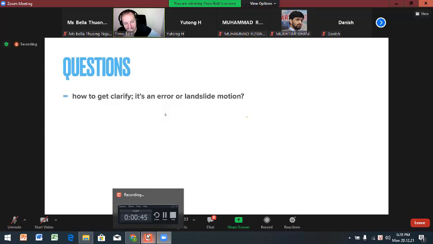So let's assume you have a signal. Now the atmospheric signal is rather long, so you're going to have slow changes over the image, while a landslide is typically a rather small area.